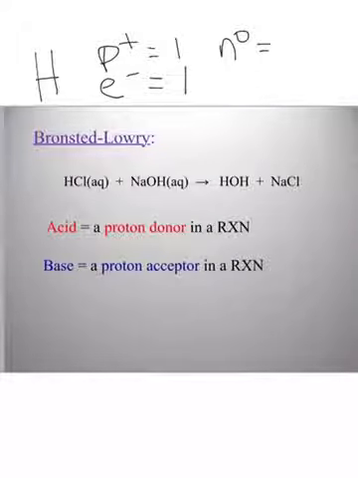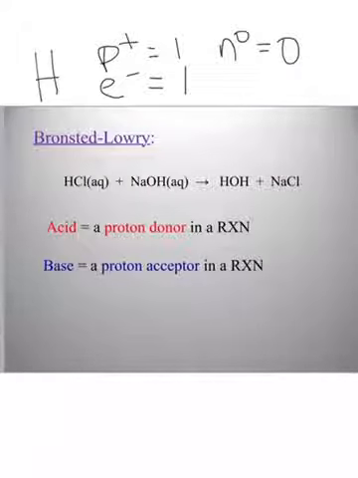So if hydrogen loses its electron, what's left? Just the proton by itself. So when you start hearing proton donor, that's referring to this hydrogen ion that's lost its electron.